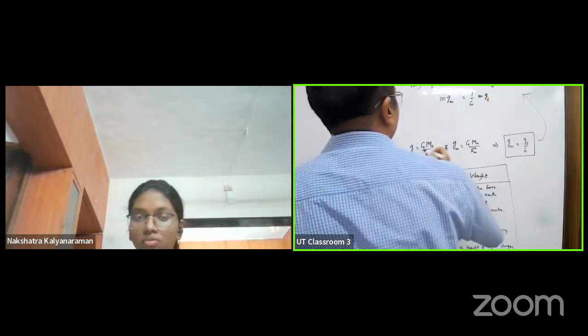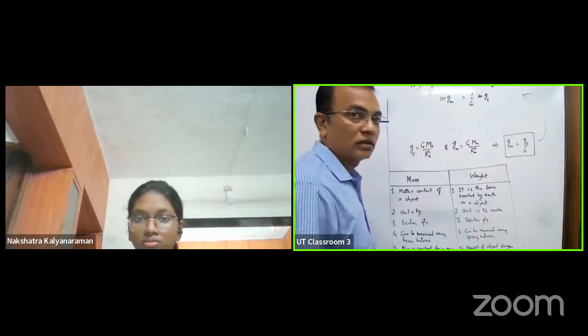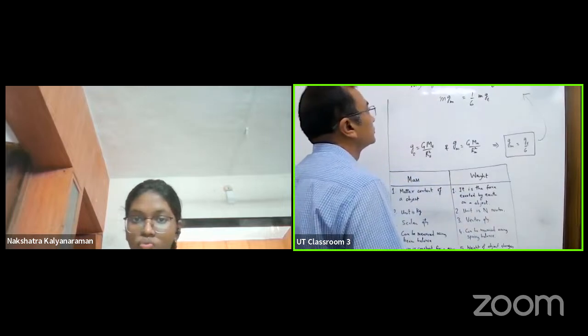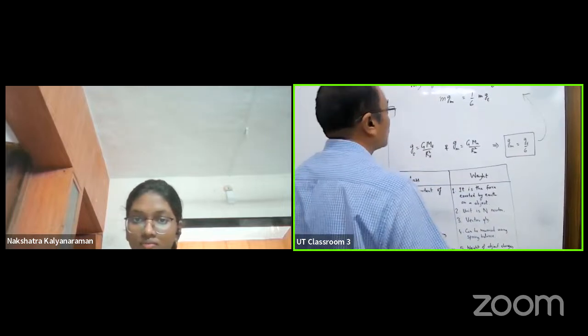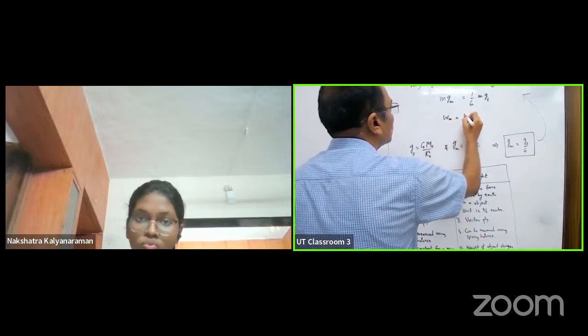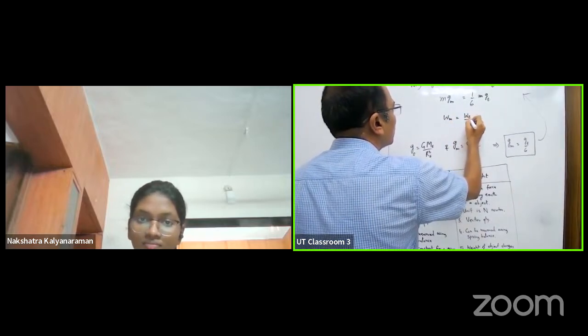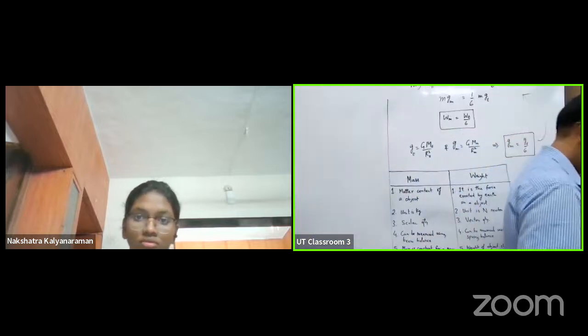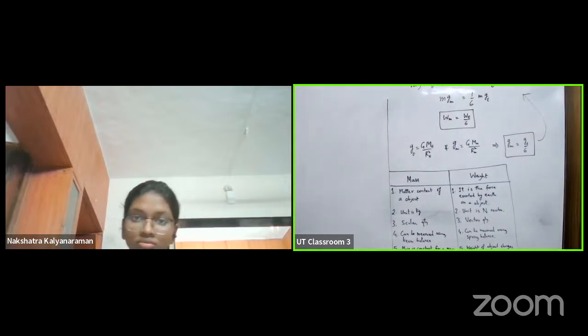This is the relation. So the weight on the moon is equal to 1/6 of the weight on Earth. W is weight. Just remember this, it will be useful in solving numericals.